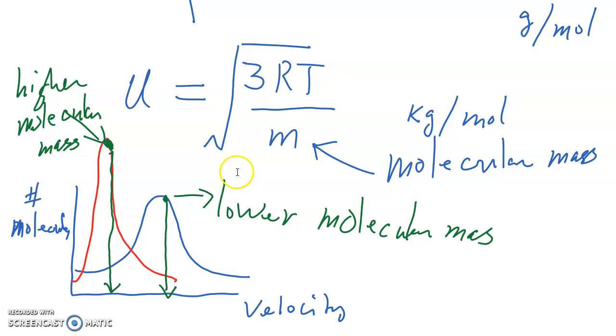Let's work on an example and use this formula to calculate the velocity of an actual gas. We know that in air, the majority of the gas is nitrogen, about 80% of air.